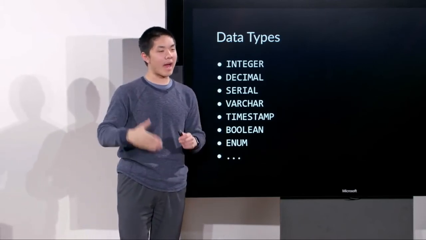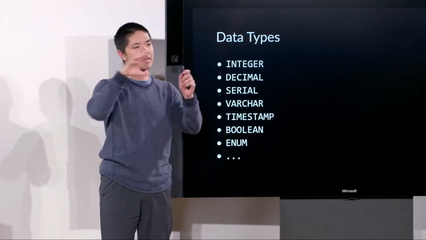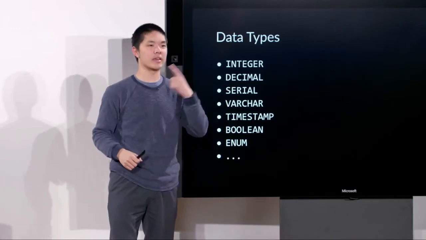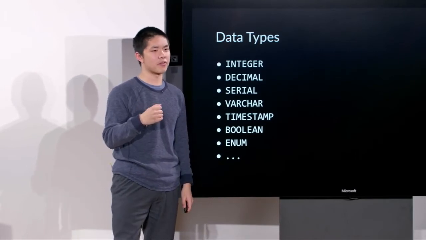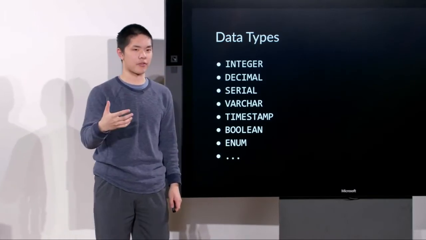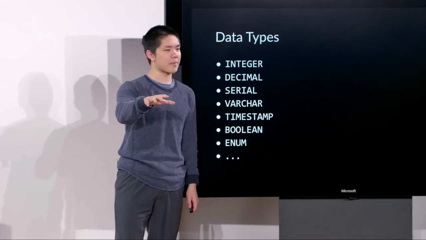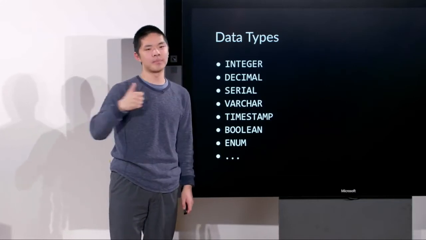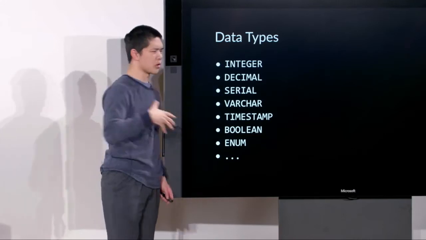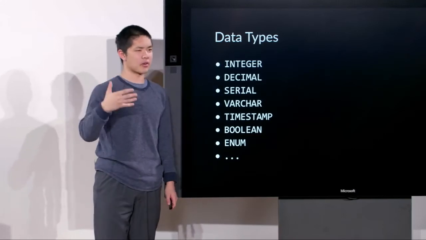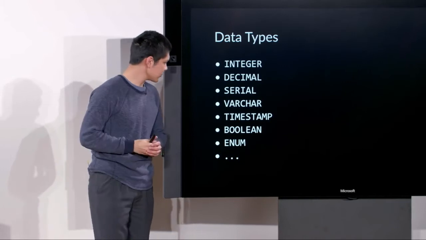So anytime you add a new record into your database, it will automatically increase its value. This will be common if I want to give each flight a flight number, for instance, where I want the first flight that I put into my database to have flight number 1, the second flight to be flight number 2, third flight number 3, and so on. Serial is a useful data type that will just automatically increase its value one at a time.